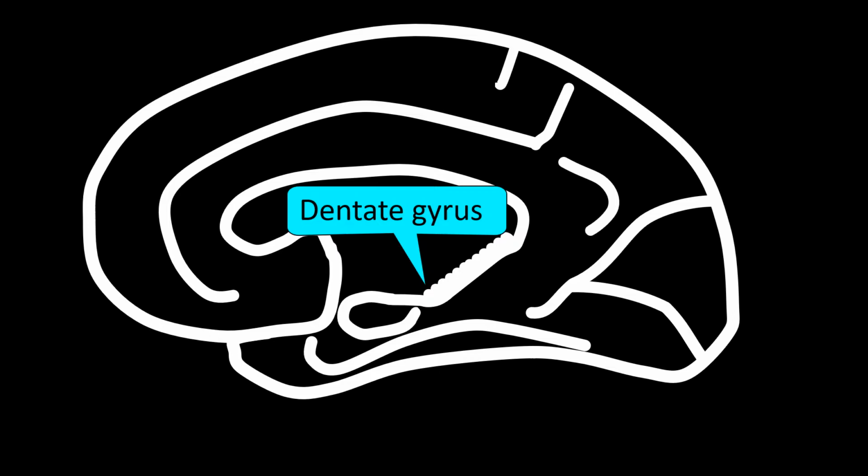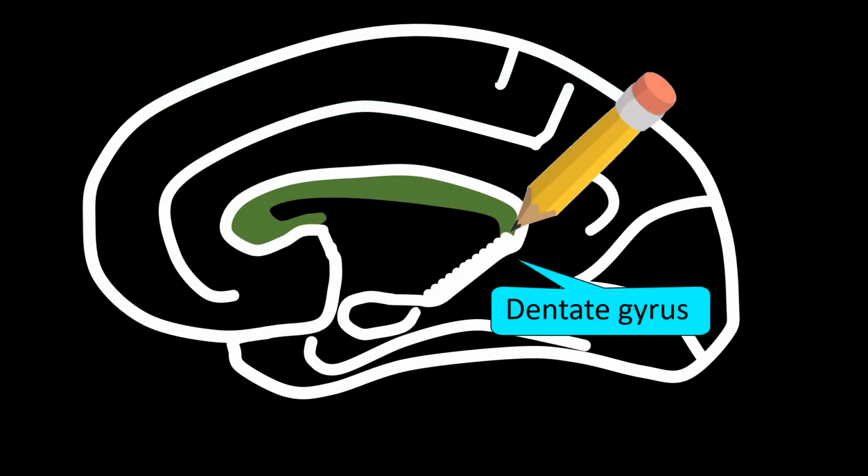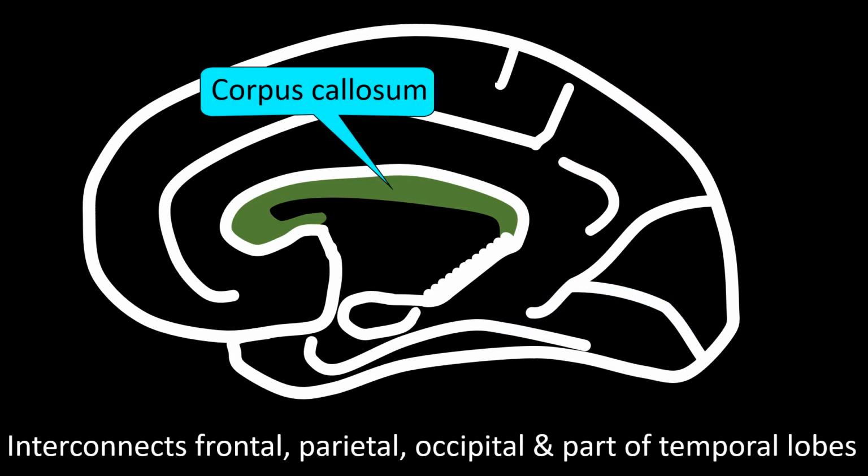This is the dentate gyrus. Then go below the anterior region of the sulcus of the corpus callosum and draw a band going backwards till reaching the top of the dentate gyrus. This is the corpus callosum.